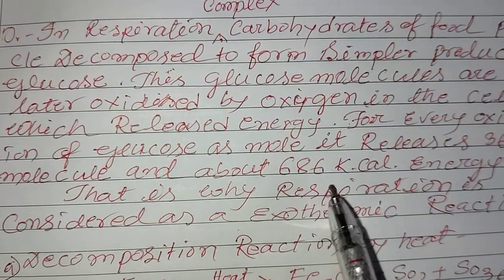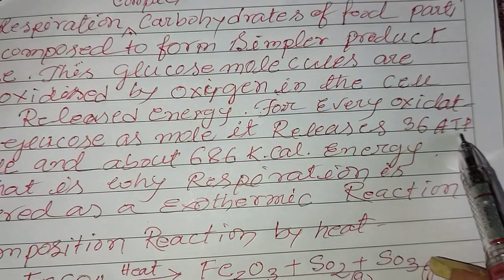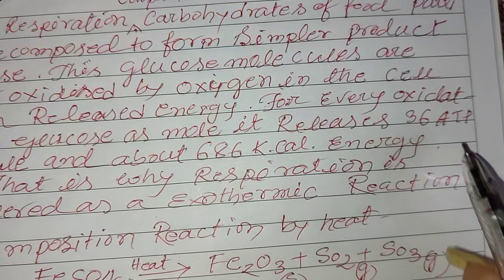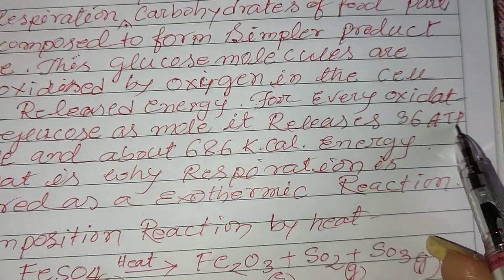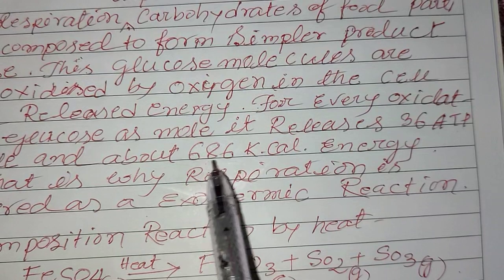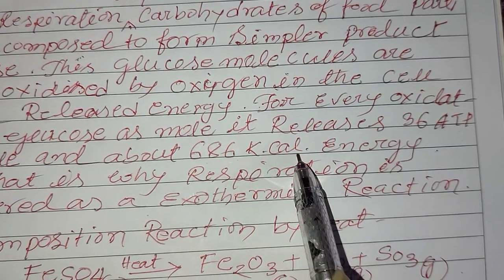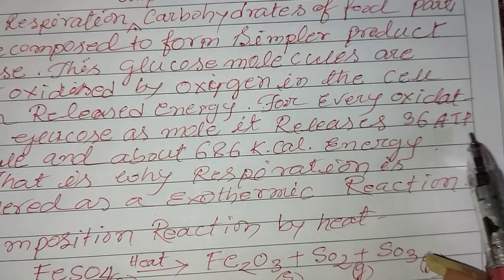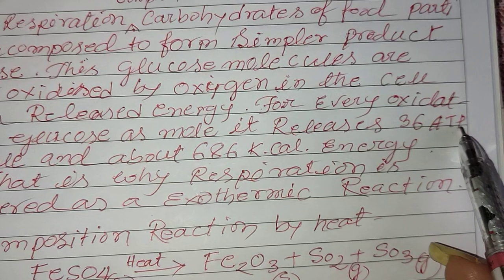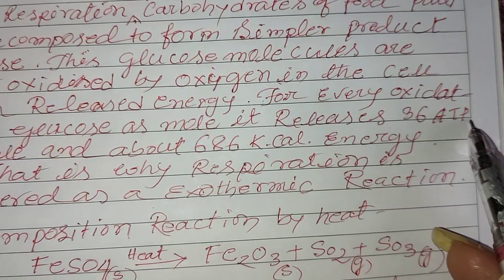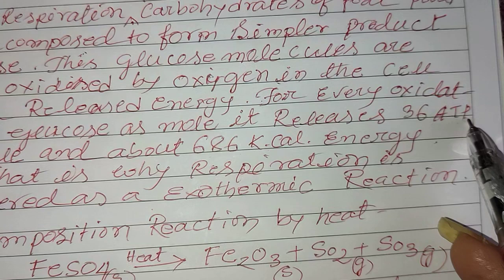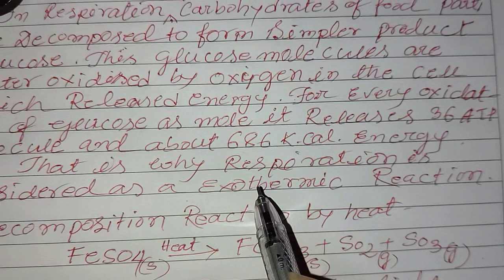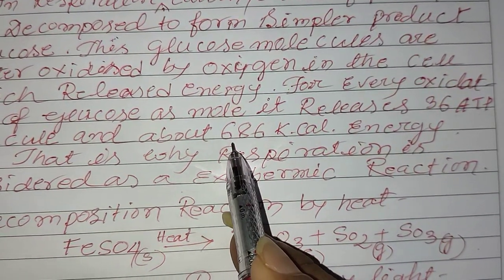ATP means adenosine triphosphate, so phosphate molecules are bound with the ATP. In this process, 686 kilocalorie energy is converted to 252 kilocalorie, because to bind the phosphate polyatomic ions in the ATP, it requires more energy, for which we get only 252.